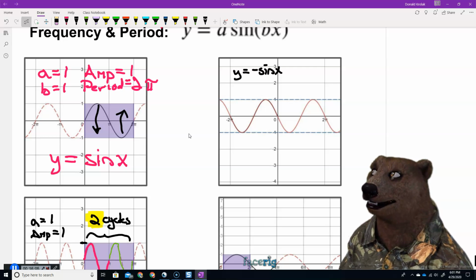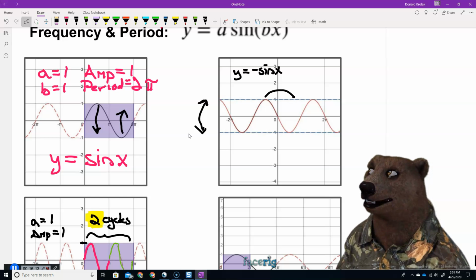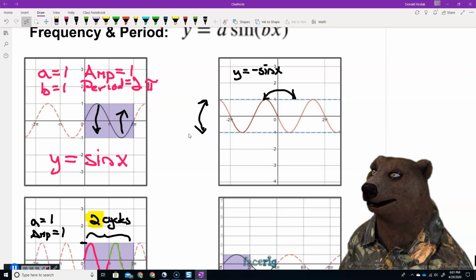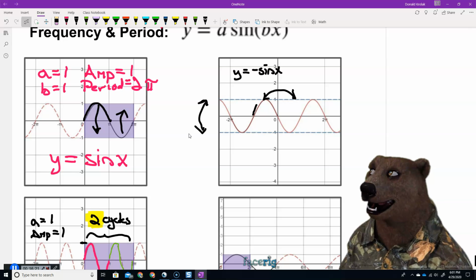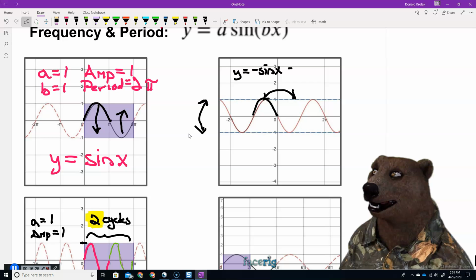Okay, but what happened on this one was, instead of flipping it over the x-axis this way, I flipped it over the y-axis. Okay, so you can see this part right here in black moved over to here. So you can't tell, they look the same.